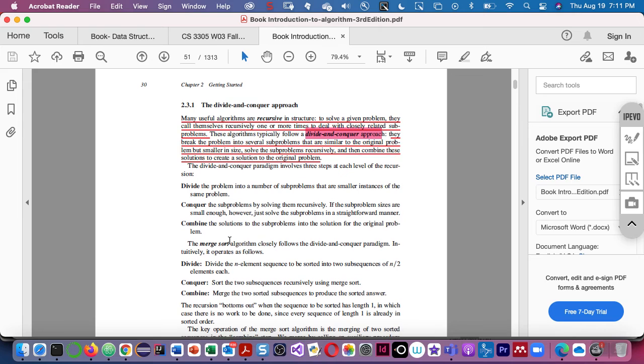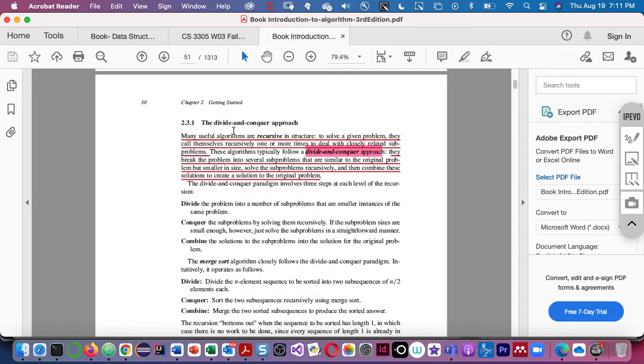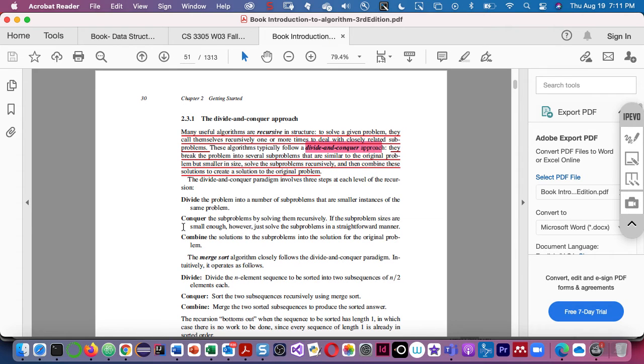Then when these are solved, combine the solutions of all sub problems and unite them. So although the algorithm itself says divide and conquer, it has three major steps: divide, conquer, and combine.